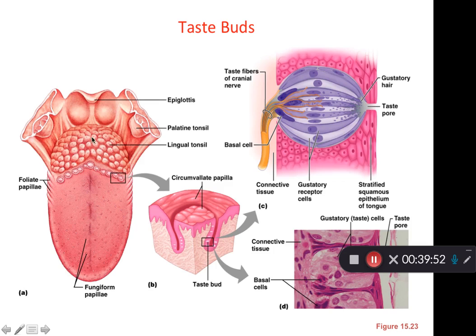However, there are few. Actually, most of the taste buds are in the anterior 2/3 of the tongue. In the edge of the tongue, we also have a certain type of taste buds. This is called foliate papillae.